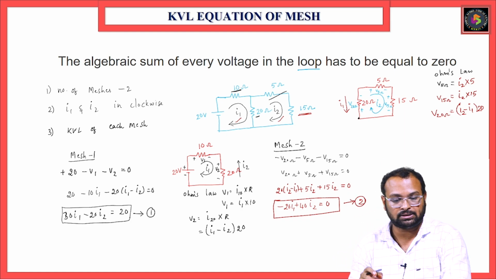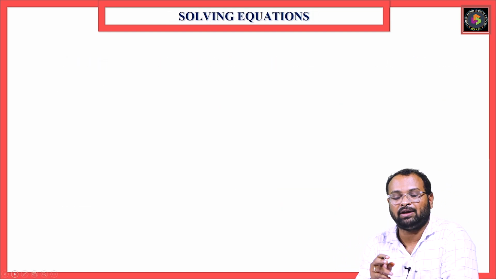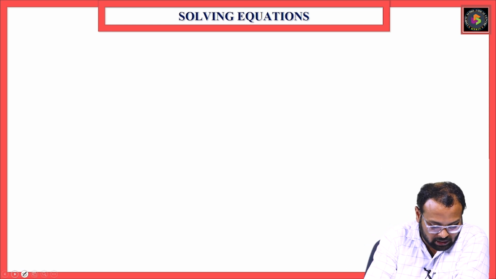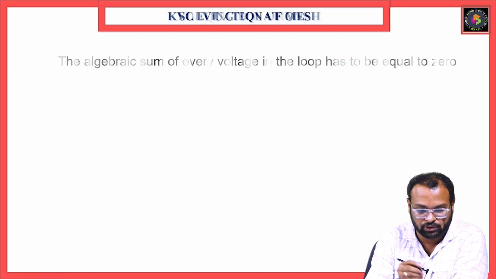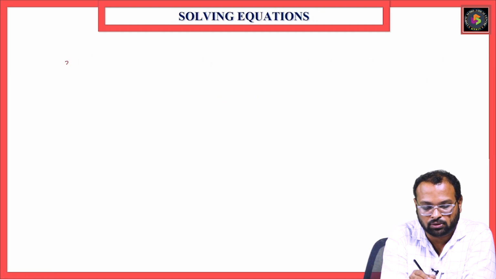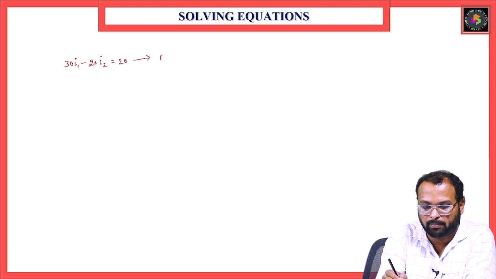Right? So once the mesh equations are available, we have to solve them. Suppose we solve the same problem. From these two meshes we got: first one is 30 I1 minus 20 I2 is equal to 20, which is from mesh 1.